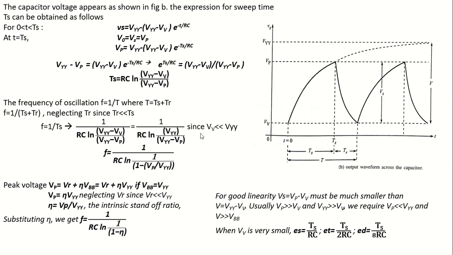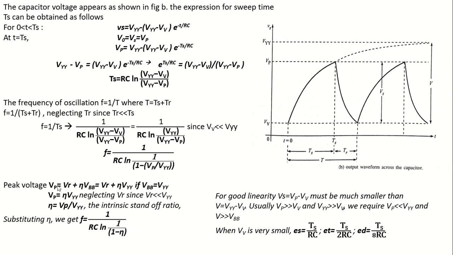Now considering the valley voltage VV is very small compared to the maximum value VYY, ignoring it in the numerator, it becomes 1 by RC ln of VYY divided by (VYY minus VP). So taking this into the denominator, F equals 1 by RC ln of 1 by (1 minus Vp by Vyy).